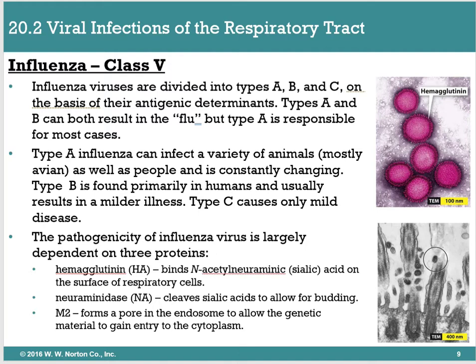No binding, no infection. So that's good. Now the other one that we haven't talked about yet is the M2. This one will create pores inside an endosome, and with that, it allows genetic material to gain access to the cytoplasm. But I'm more concerned about you knowing the HA and the NA. Okay?